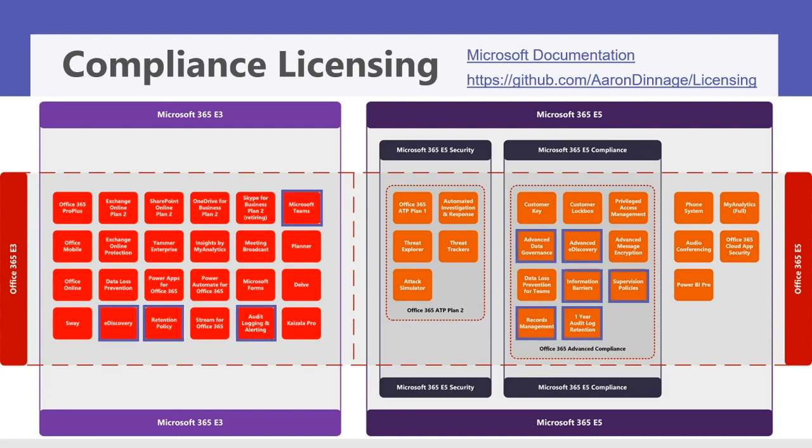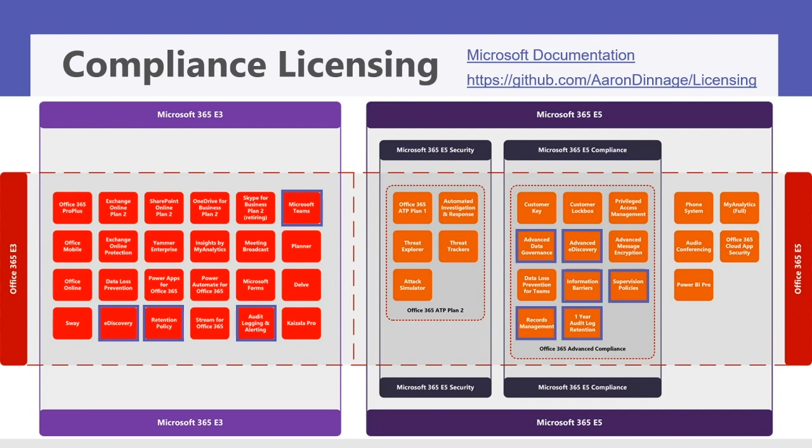So specifically here are the features we're interested in for the purposes of this presentation. So first, of course, Microsoft Teams, which is included with your E3 license. And then also with E3, which by the way, is the license that most organizations have. And if you're on the government plans, it's the same features that are available.